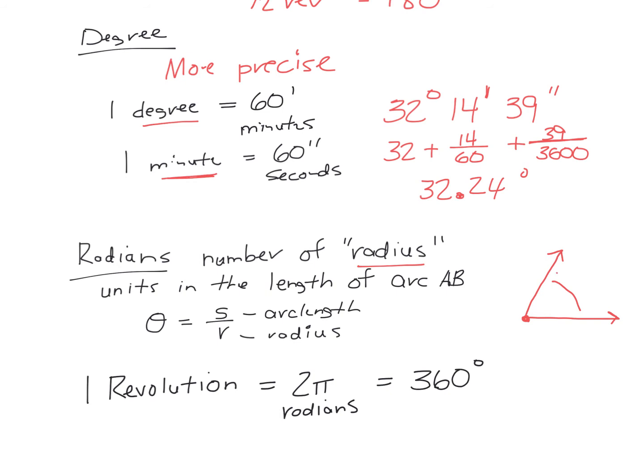So if I have a circle like this, this is my radius. If that radius is the same as this arc length, that would be considered 1 radian. As you can kind of see from here, 1 radian is approximately, this is just an estimate, 60 degrees.